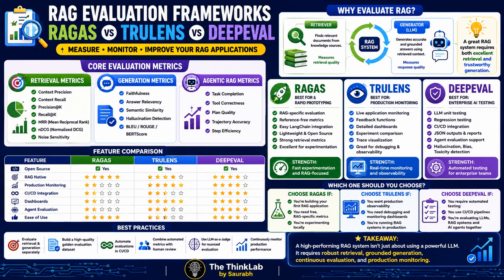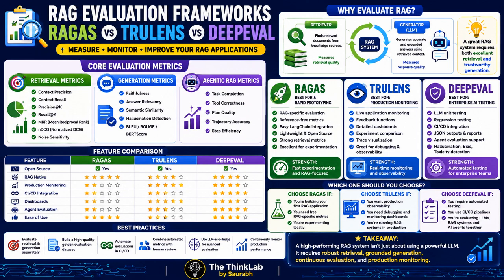Now we are going to discuss the different frameworks. In this video we will discuss three frameworks. The first one is called RAGAS. So let's start with RAGAS. RAGAS is an open source framework built to evaluate RAG systems. It provides metrics such as faithfulness, context precision, context recall, and answer relevancy.